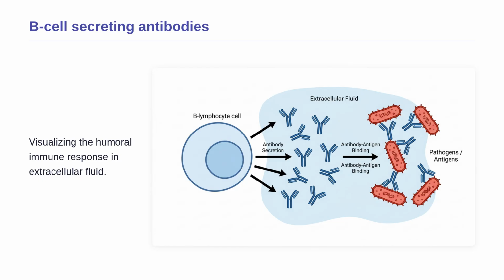On the right, you can see rod-shaped bacterial pathogens. The key interaction is happening where the Y-shaped antibodies physically attach to the surface of the bacteria. This diagram perfectly illustrates how antibodies neutralize threats in the fluid before they can ever breach your cells.